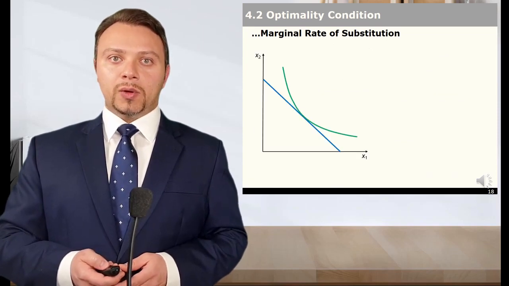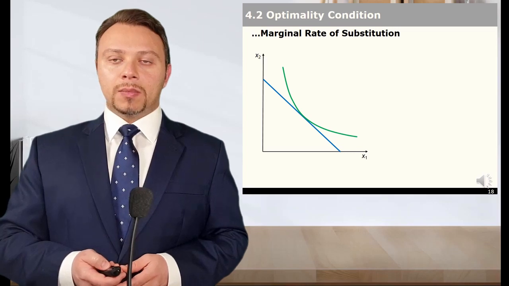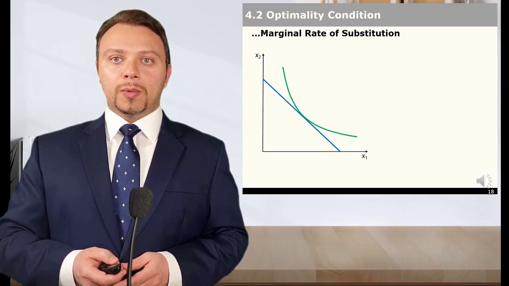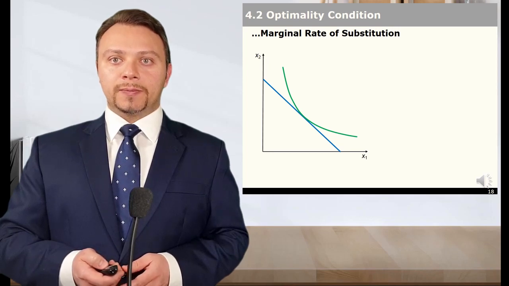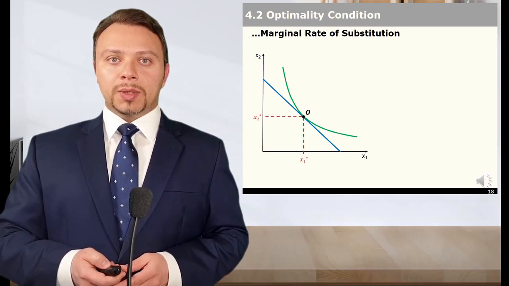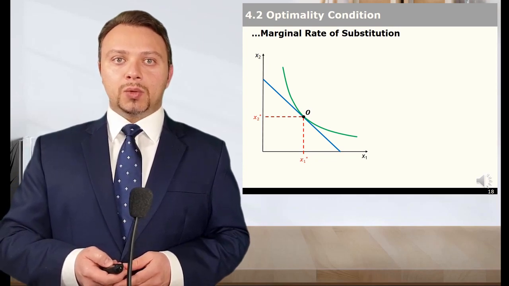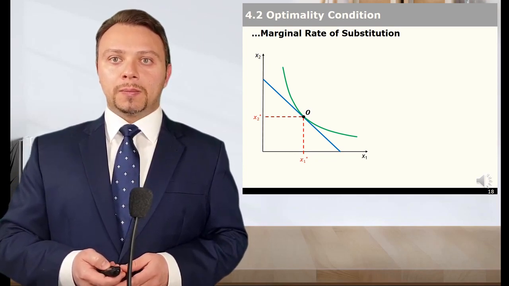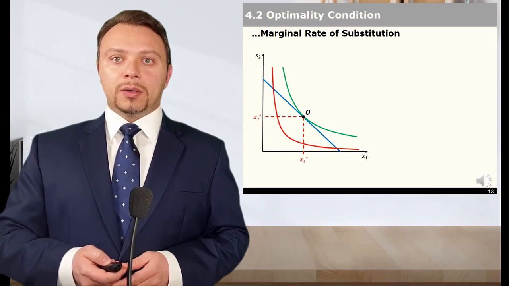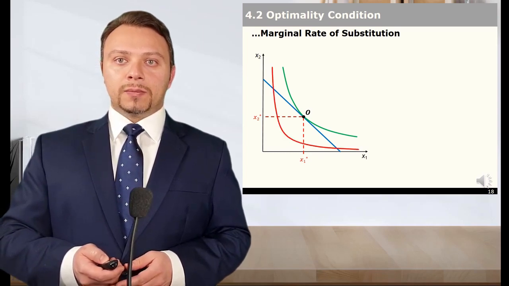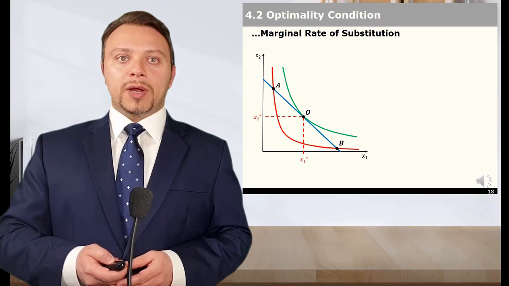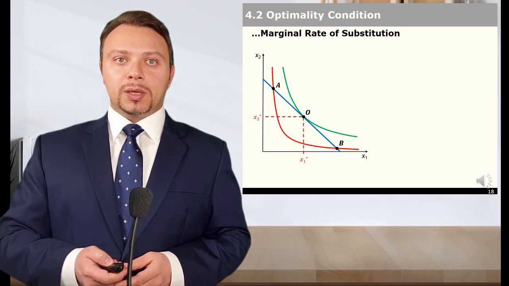Let us have a look at these interpretations graphically. Here we see the blue budget line and the green optimal indifference curve. The optimal consumption bundle is represented by O here. It corresponds to x1 star and x2 star. If we are on this indifference curve, then there are 2 intersection points with the budget line.